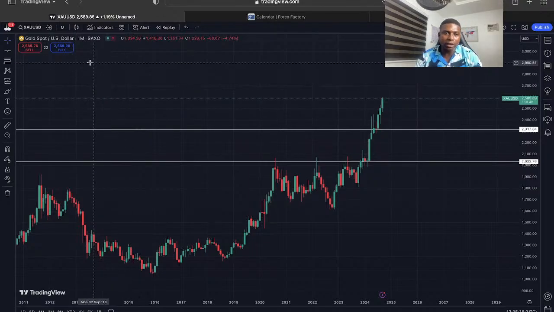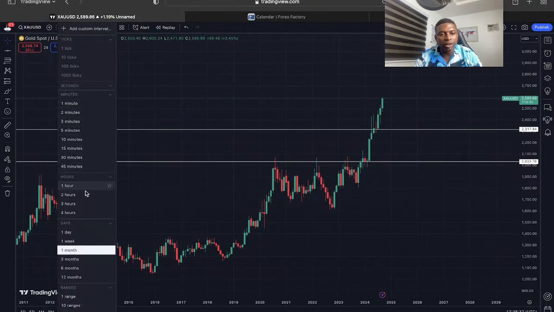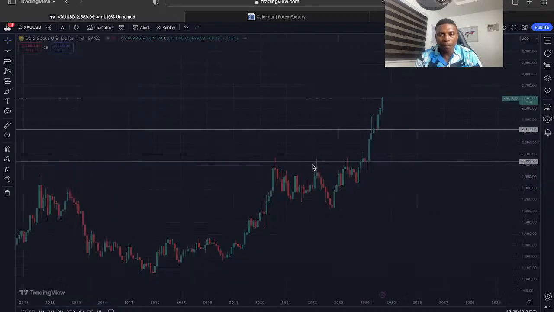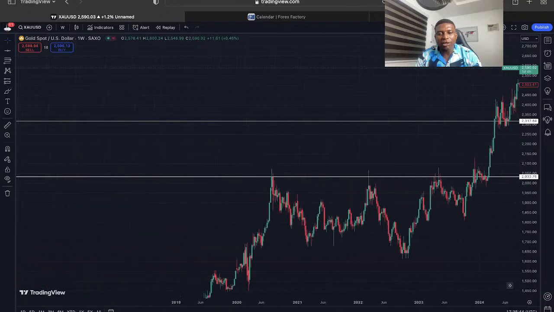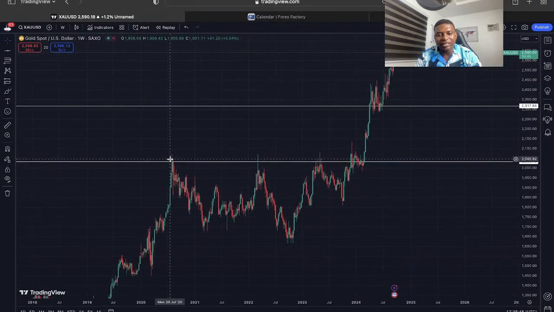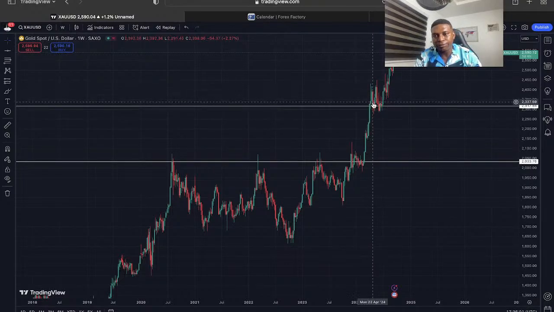When we go down to the weekly time frame, we can see that gold had consolidated from 2020 to 2024 before a breakout happened in February 2024, and then the market kept going up. And of course, you see where we are right now.